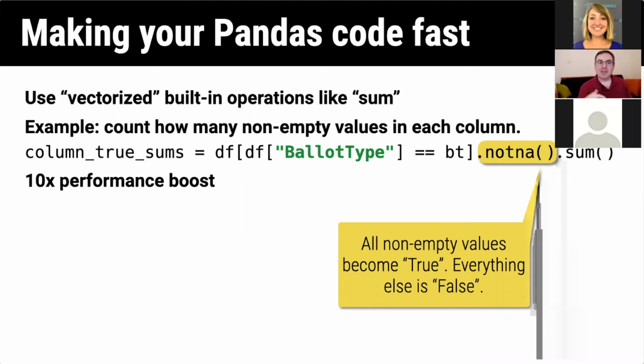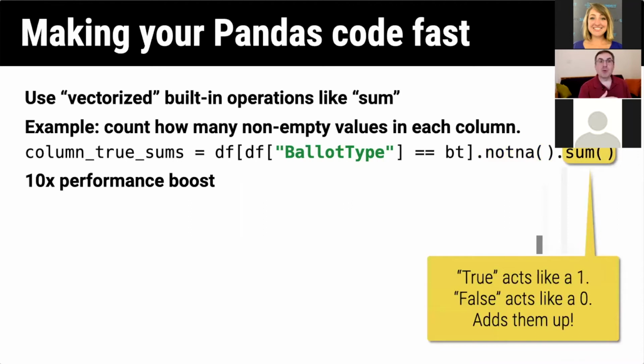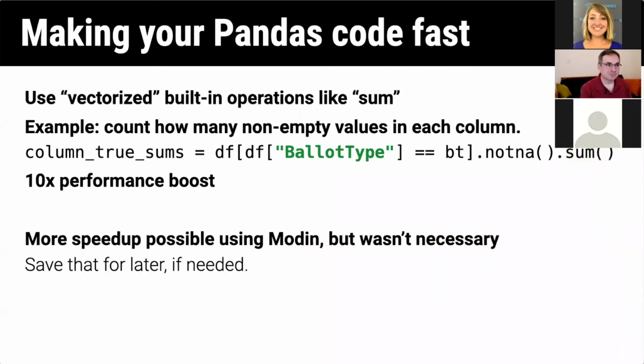So then, once I've got that, I can add those. True acts like a 1, false acts like a 0, and this lets me count all the non-empty cells in a given column. Doing it this weird way, which is not natural to write and takes a while to figure out, gave me a 10x performance boost over my handwritten Python code.